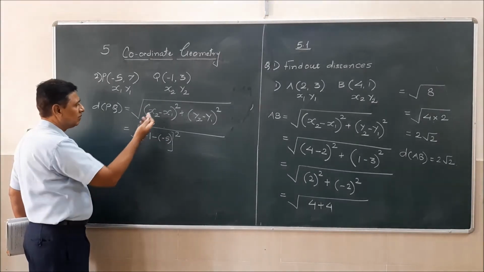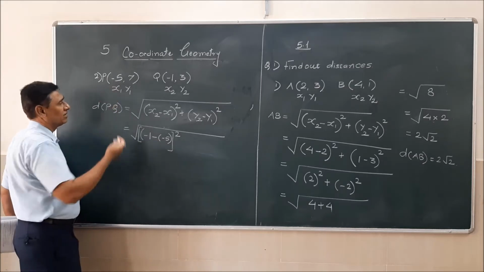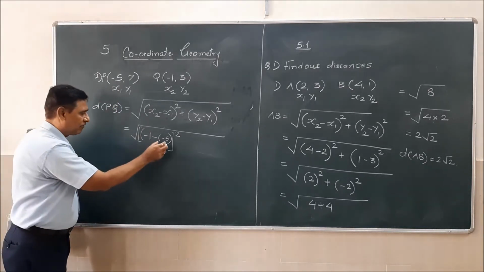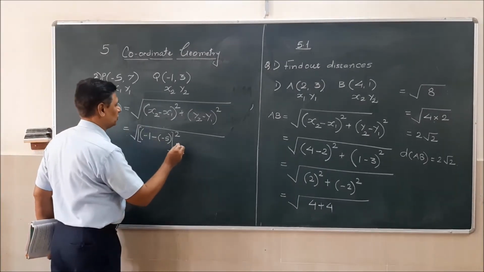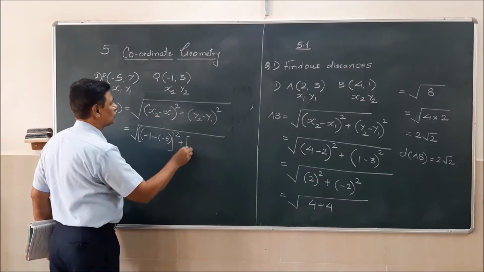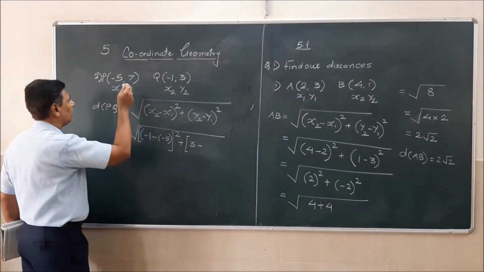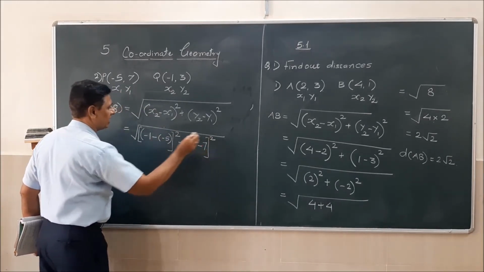Then minus, this minus sign also comes over here, but you will find the value of x1 is minus 5. I have placed it into the bracket. Next to that, y2 minus y1. Now y2 is 3, minus the value of y1, which is 7, the whole square.